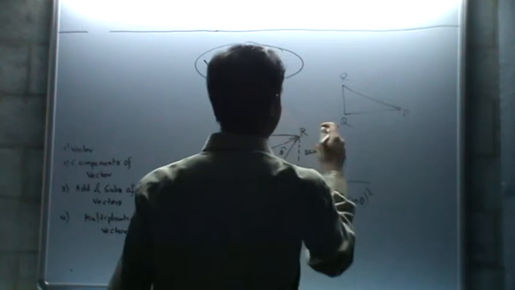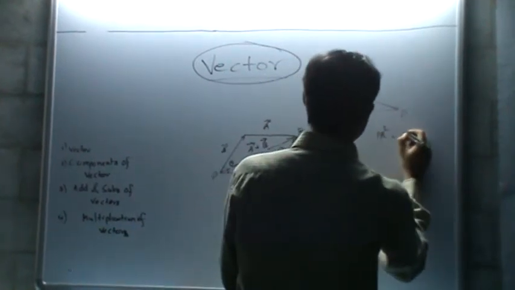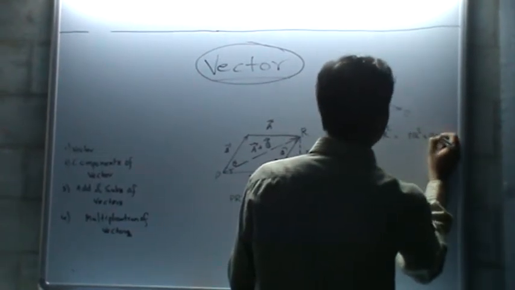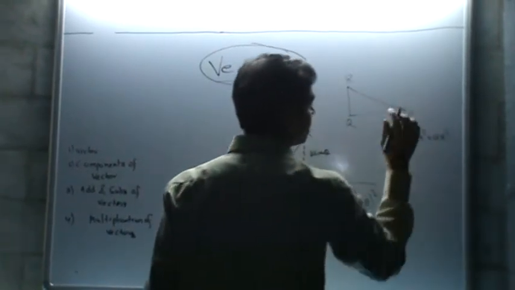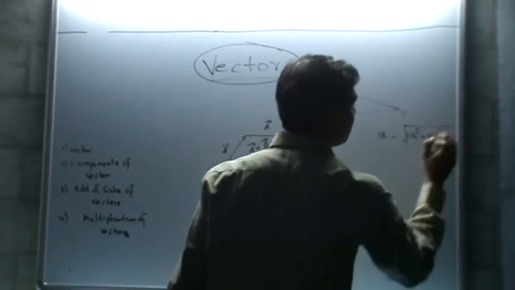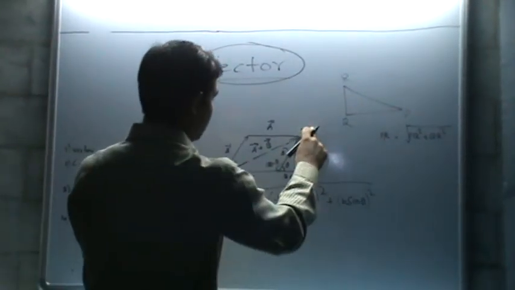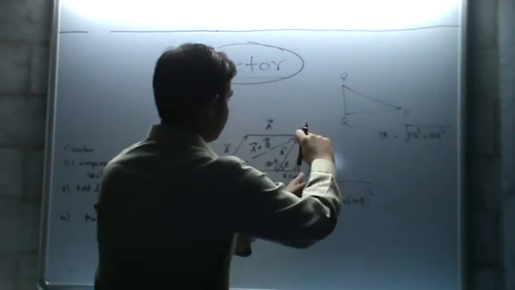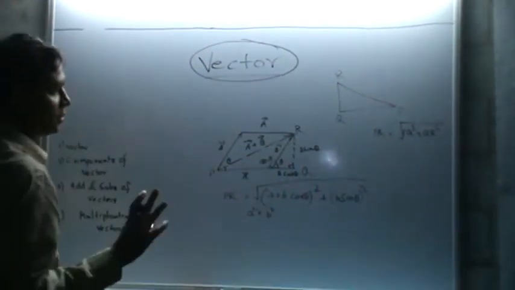PR the whole square equals PQ the whole square plus QR the whole square, right? This is the formula. Or if you remove this square, you put a square root. The same thing here: this whole square plus this whole square, and square root. This is the same formula I have used.